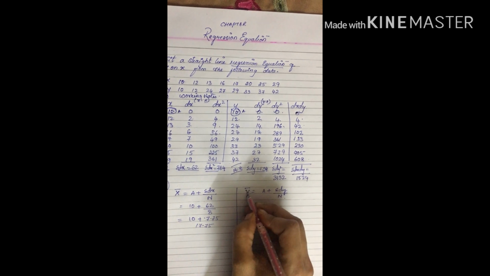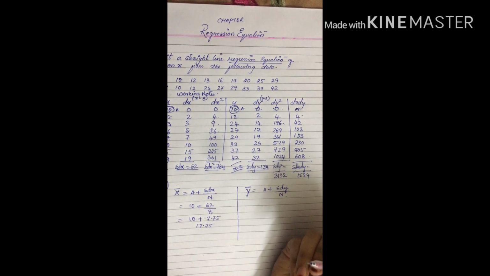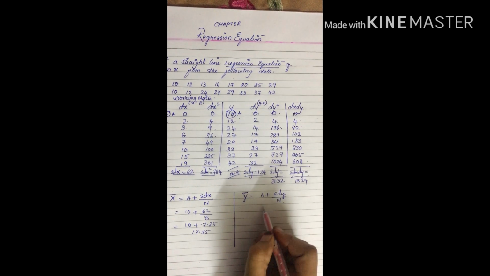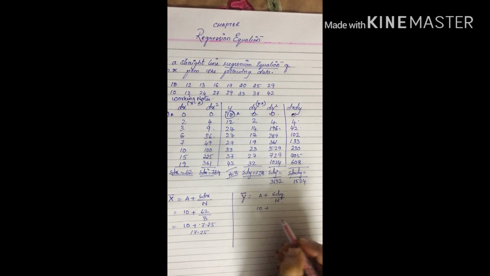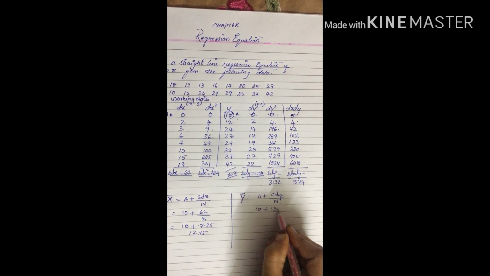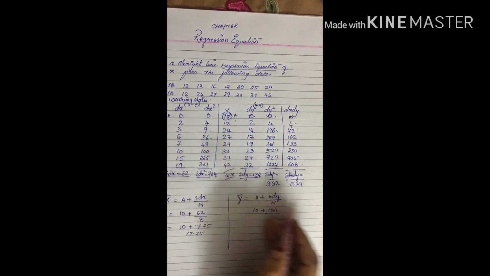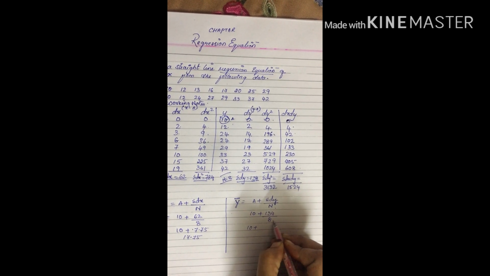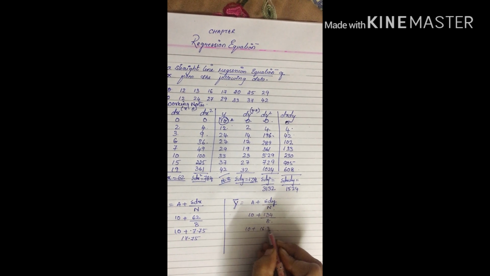Likewise, we need to find the mean of y. Mean of y: a is 10 plus sigma dy. Sigma dy is 134. The number of observations in y is 8. So 10 plus 134 divided by 8 is 16.75.